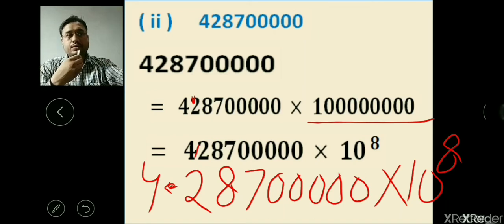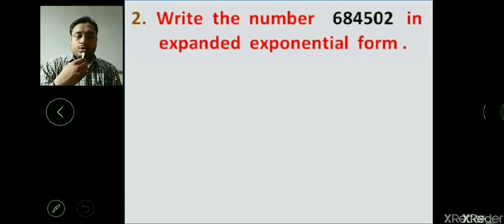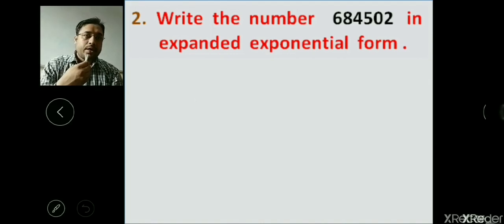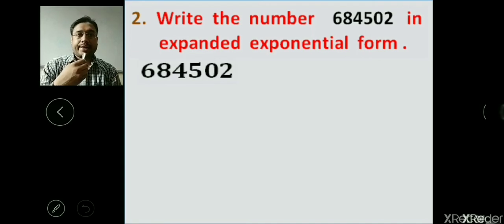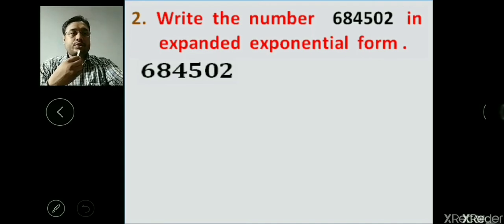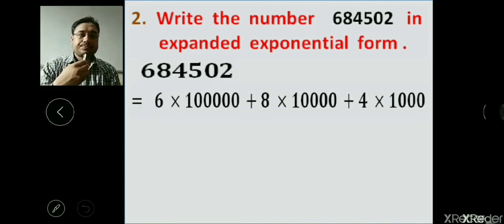Now this question: write the number 6,84,502 in expanded exponential form. So you will write like this: 6,84,502 is equal to 6 into 1 lakh, that is 6 lakh.